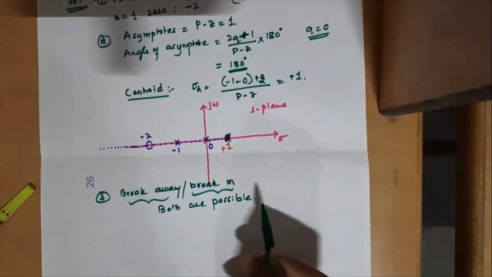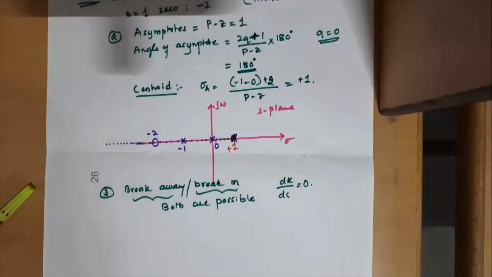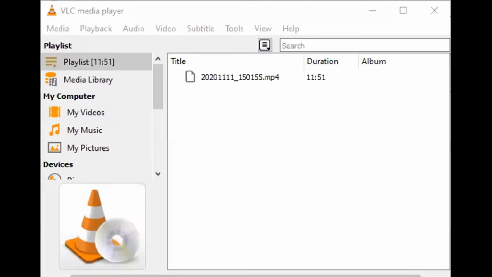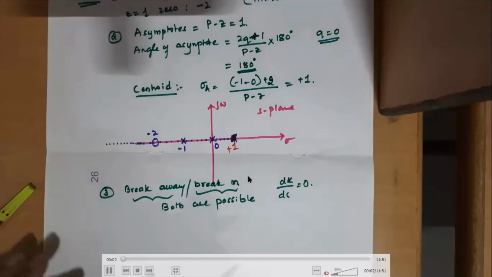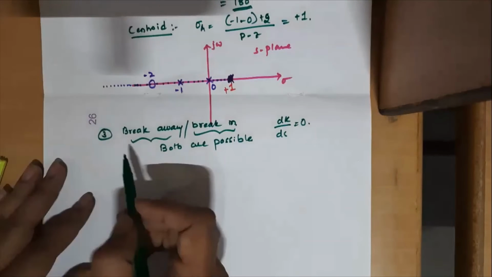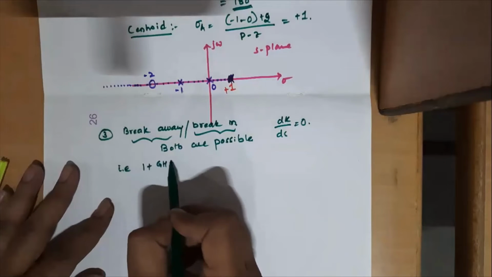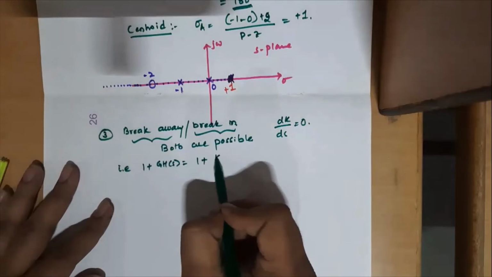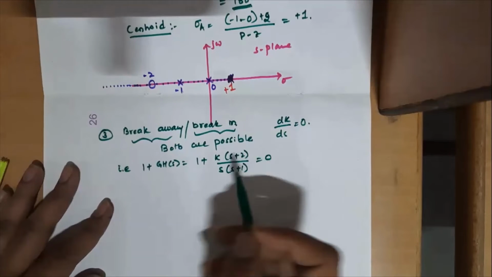Both breakaway and break-in are possible because we have a zero here and two poles. So let us calculate those breakaway and break-in points using the steps I had mentioned.